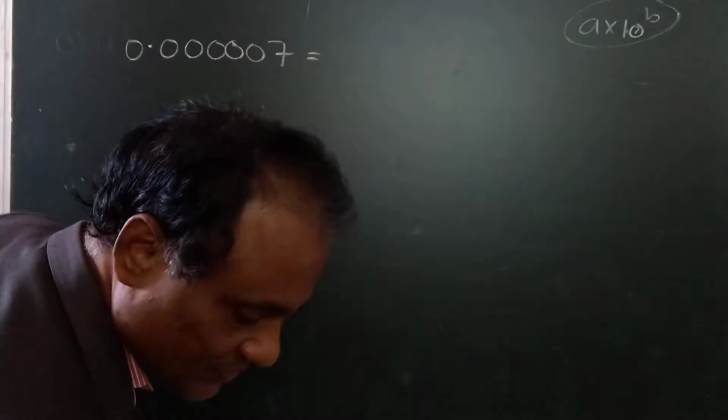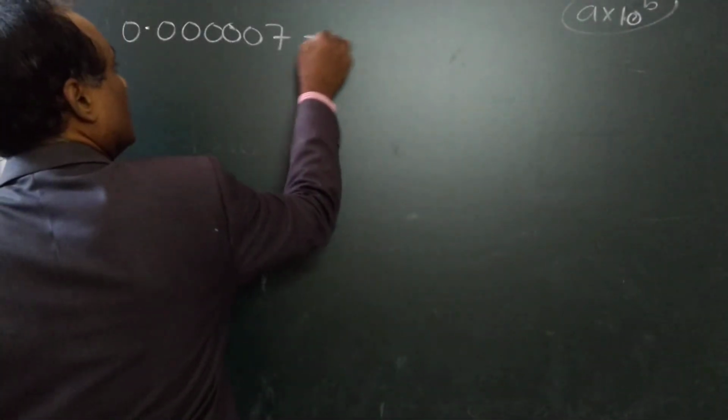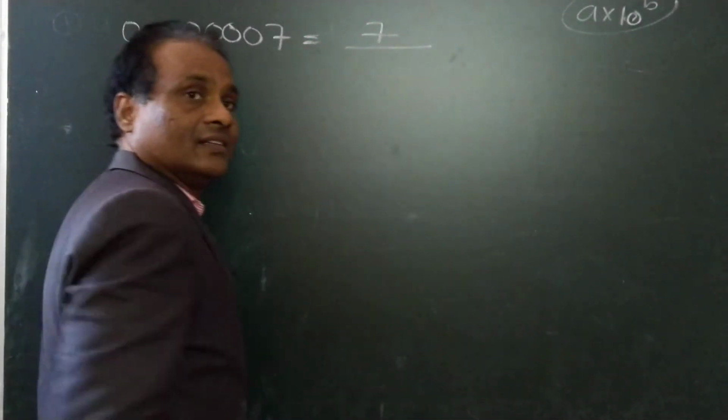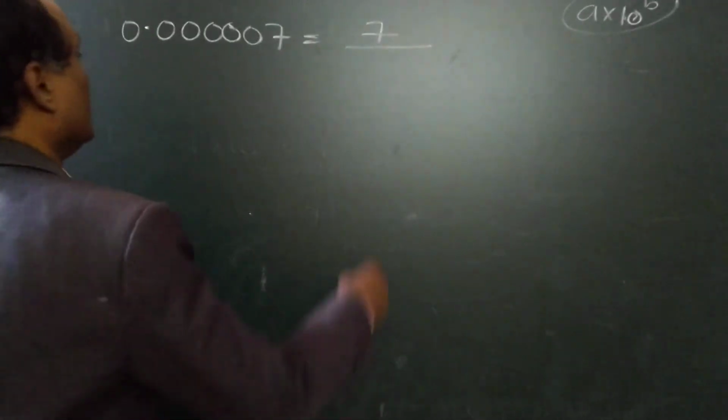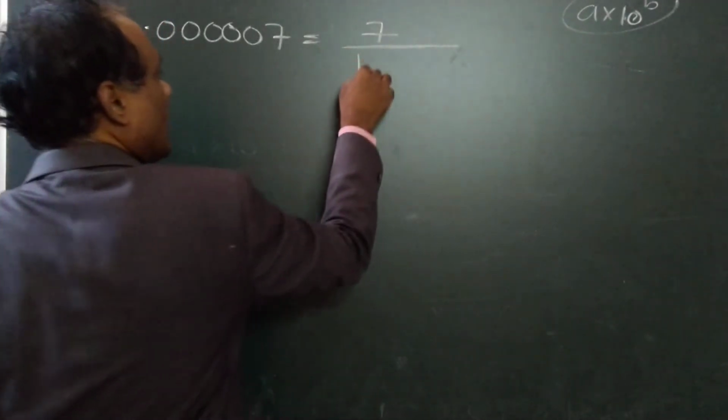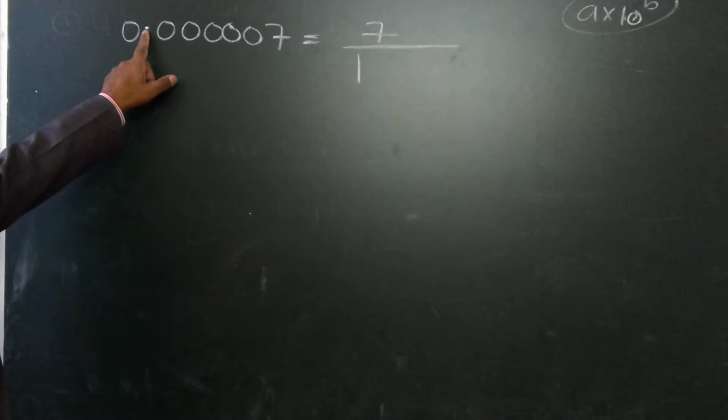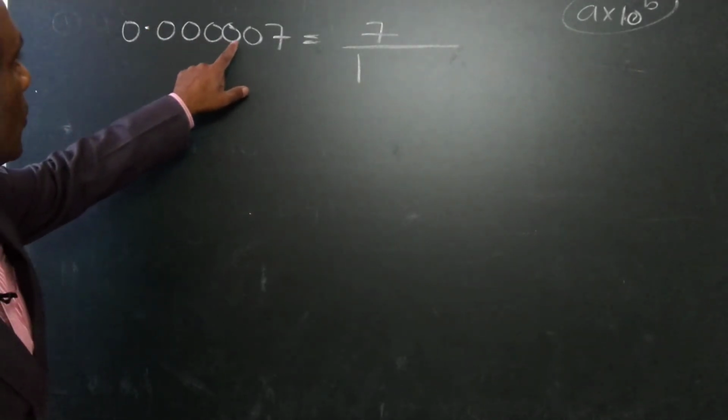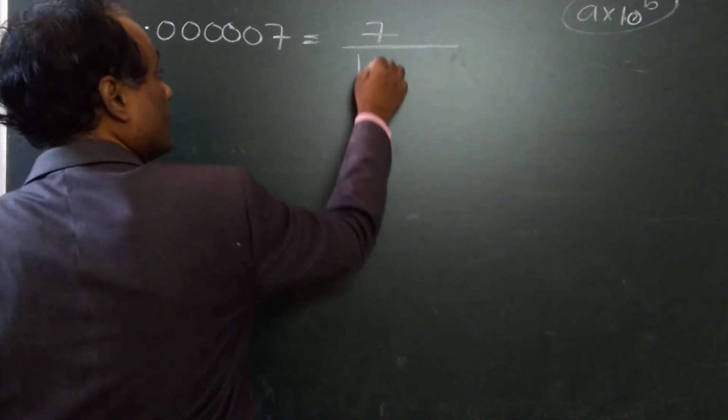See here, 7 by 1. After decimal, 1, 2, 3, 4, 5, 6 zeros.